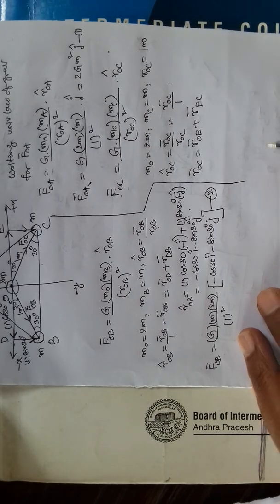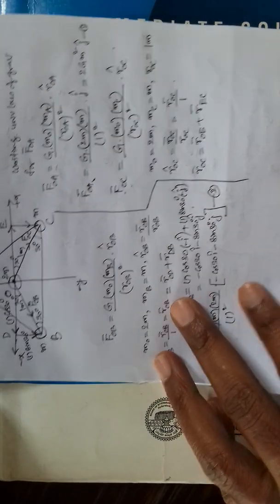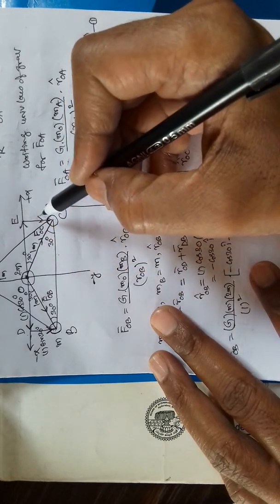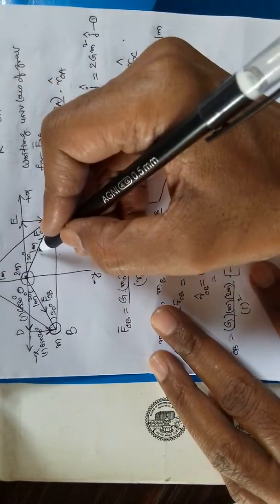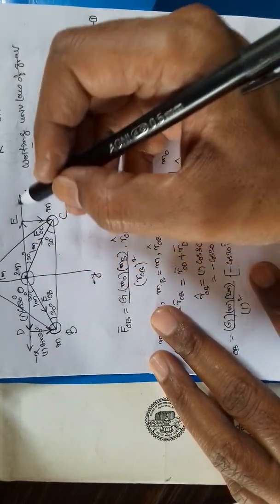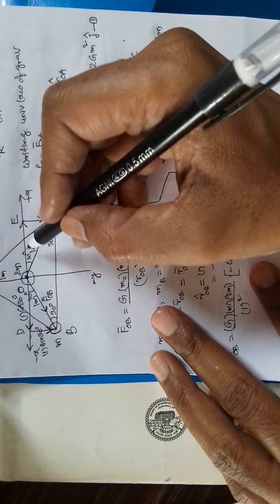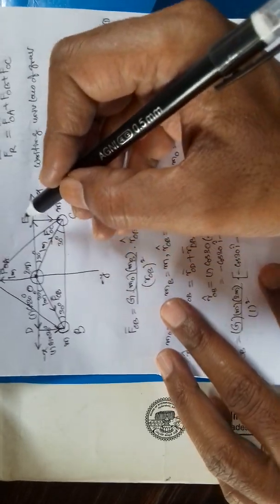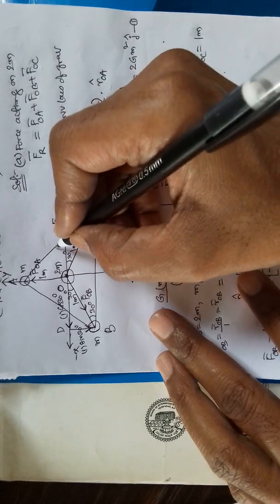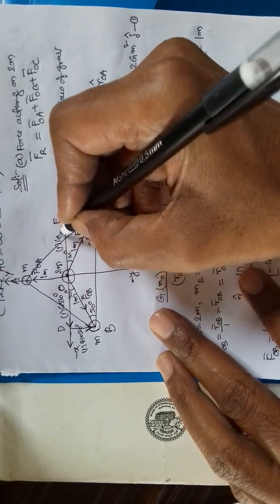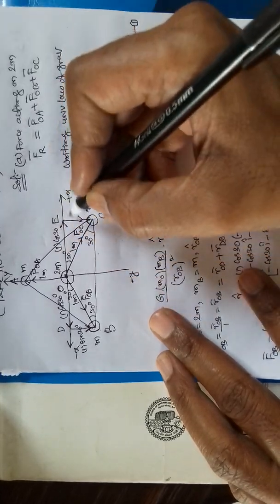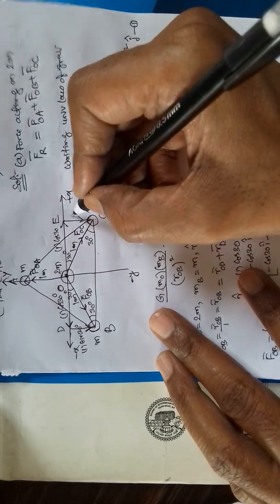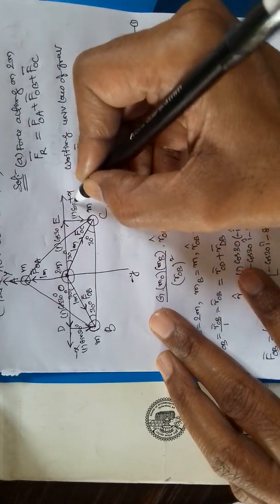Now again this is a right angle triangle. Its hypotenuse is 1 meter. Therefore, adjacent to 30 degrees will be 1 cos 30 and opposite to 30 degrees will be 1 sin 30.